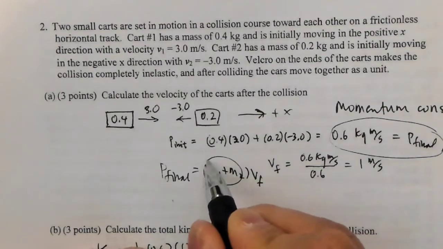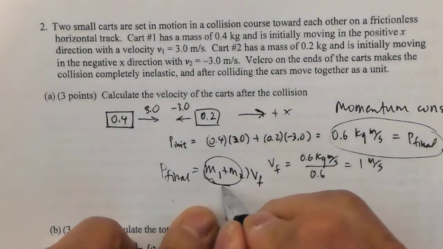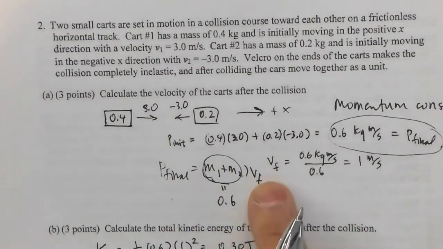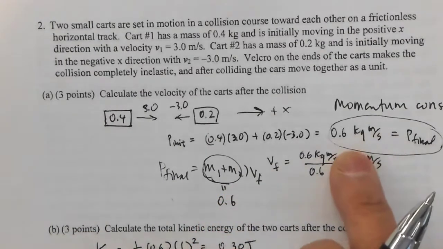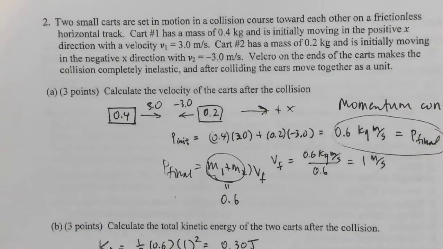The sum of the two masses, 0.4 plus 0.2, is equal to 0.6. I must have gotten tired at this point and stopped writing things down. Now I can solve for v final. It'll be 0.6 divided by 0.6, and so you get 1 meter per second.